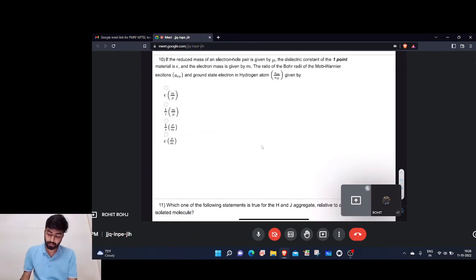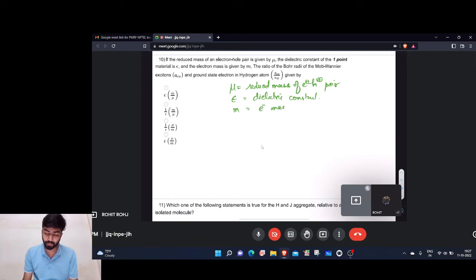Now question number 10 is: if mu is the reduced mass of the electron-hole pair, epsilon is the dielectric constant of the material in which this exciton or electron-hole pair is present, and small m is the electron mass.